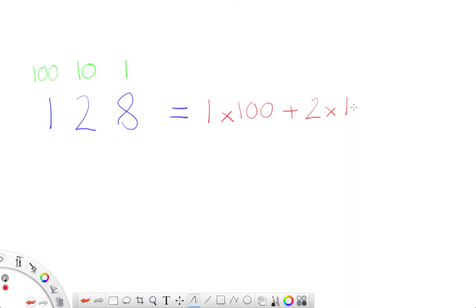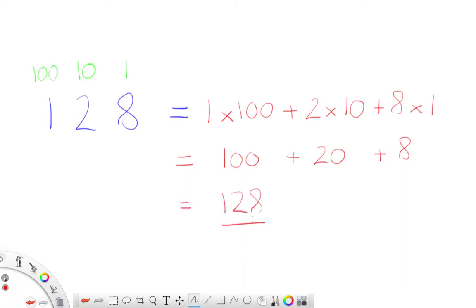So in other words, we could write this out as being 1 times 100 plus 2 times 10 plus 8 times 1. 1 times 100 is 100, 2 times 10 is 20, 8 times 1 is 8, so the total that we're representing here is the number 128, although of course I've used the same representation so it looks the same.